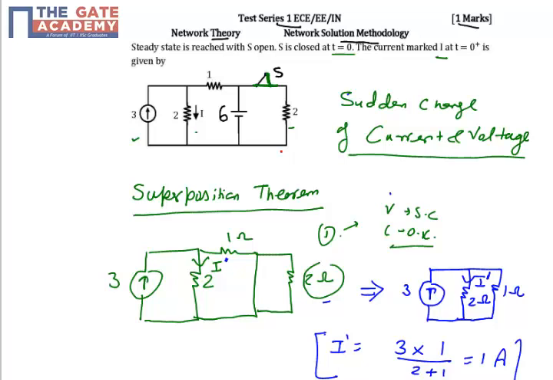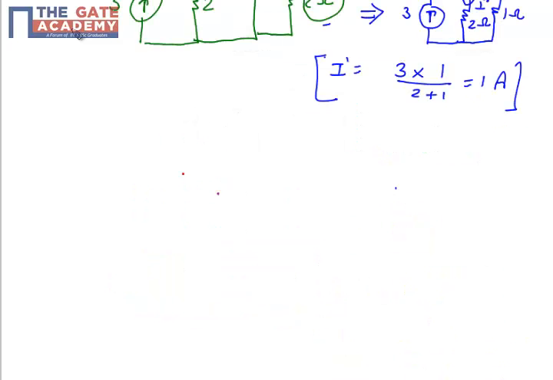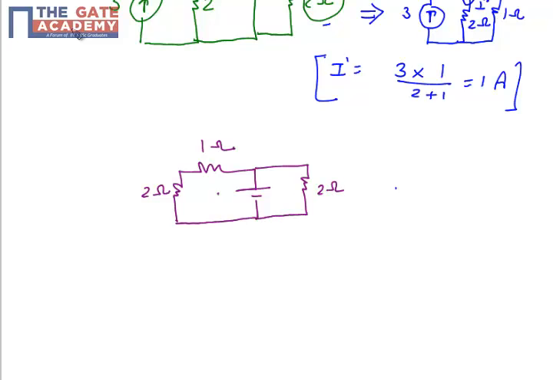Now in the second case, let us consider the voltage source and replace the current source with an open circuit. My effective circuit will have a 1 ohm resistor, a 2 ohm resistor, a voltage source, and then another 2 ohm resistor.